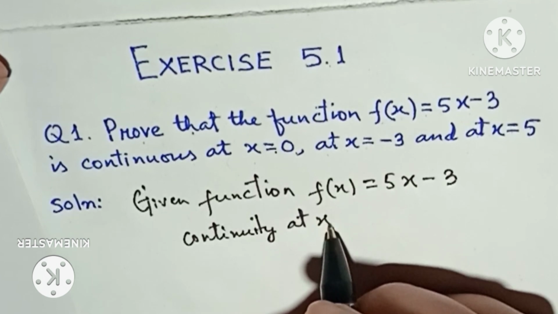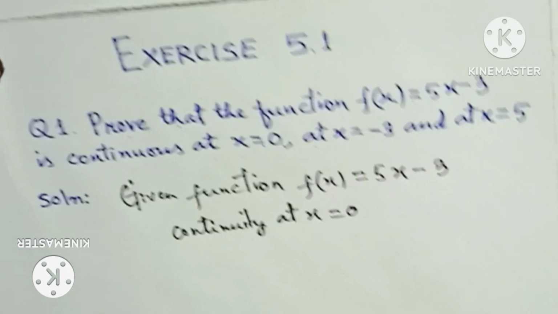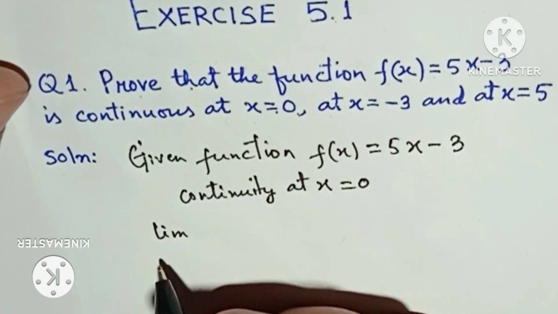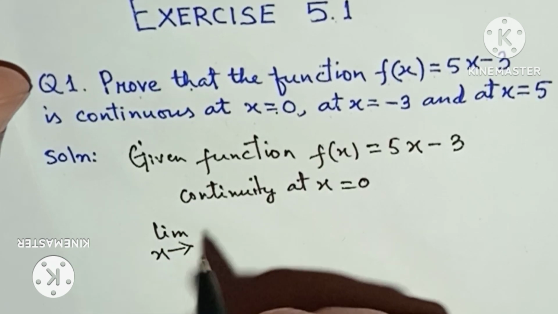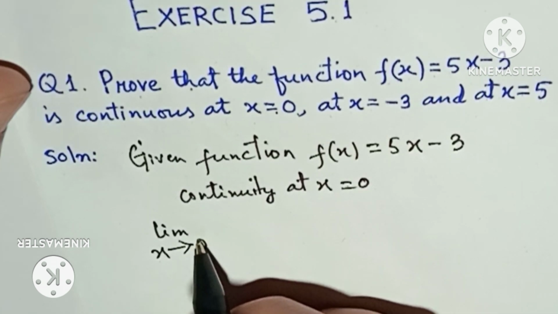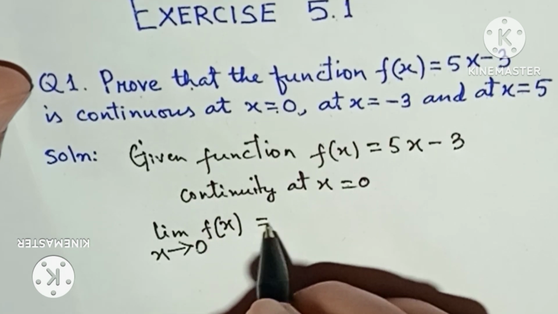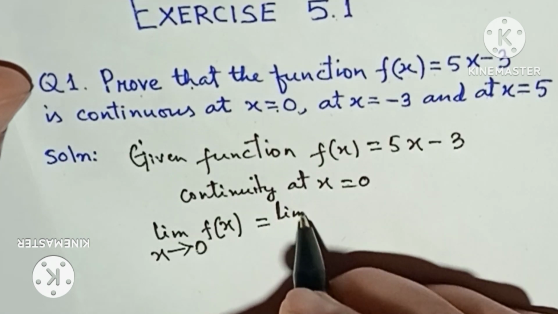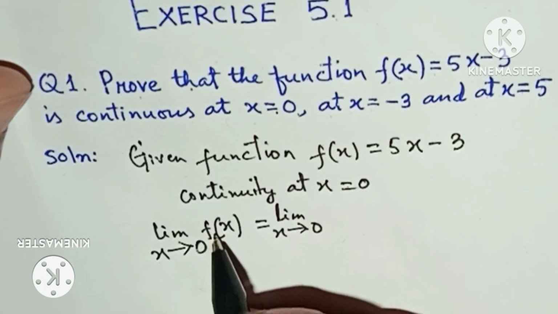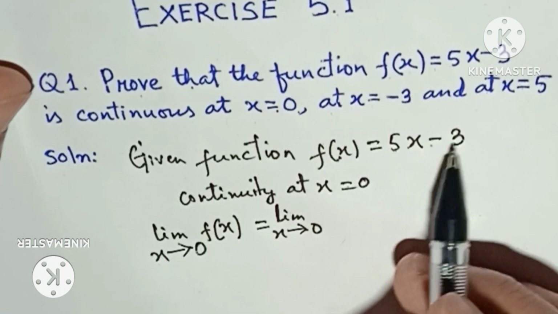Applying limit, x tends to 0, f of x equals limit x tends to 0 of f of x, and here f of x is equal to 5x minus 3.